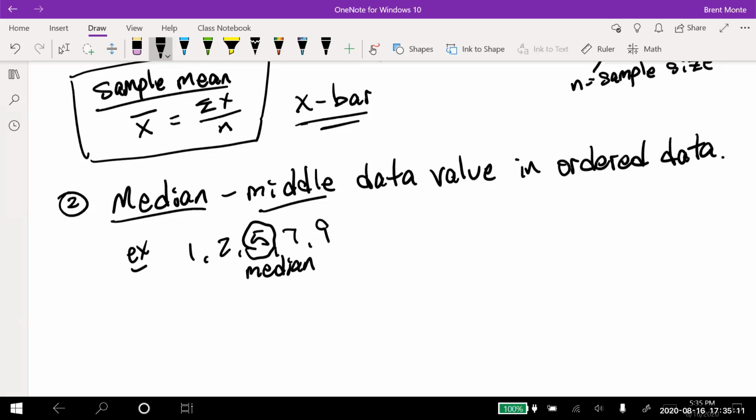And notice what's nice about the median. It didn't matter if this 9 was a 97. The median doesn't change. If I was adding up all those data points and finding the average or the mean, that would really make your mean a lot larger. But with the median, it doesn't get affected by really high or really low values.